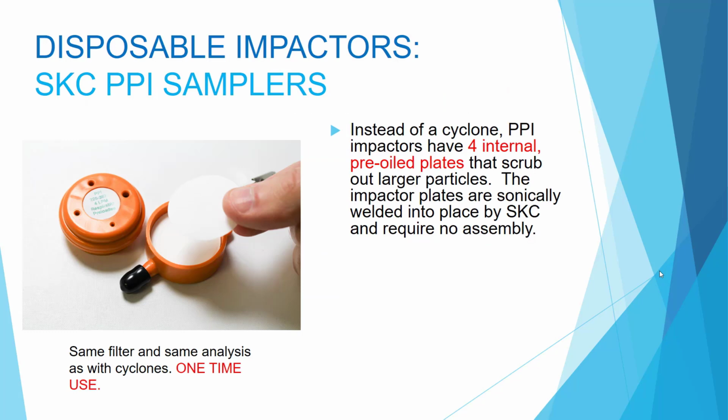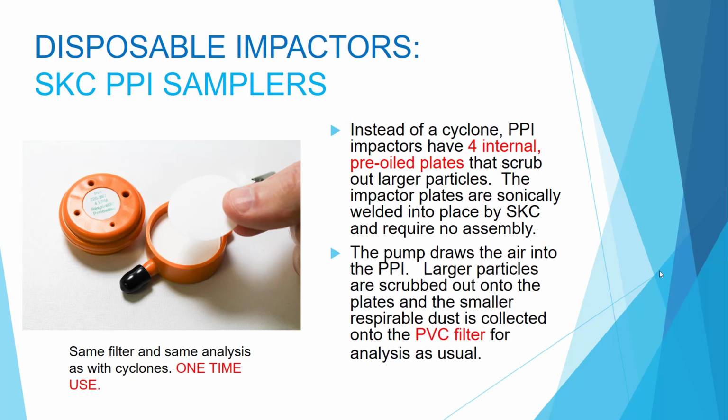Here you can see a PPI sampler opened up into its two pieces. Instead of a cyclone that separates the large and small particles by centrifugal action, PPI impactors have 4 internal pre-oiled plates that scrub out larger particles. The impactor plates are sonically welded into place by SKC and require no assembly. The pump draws the air onto the PPI.